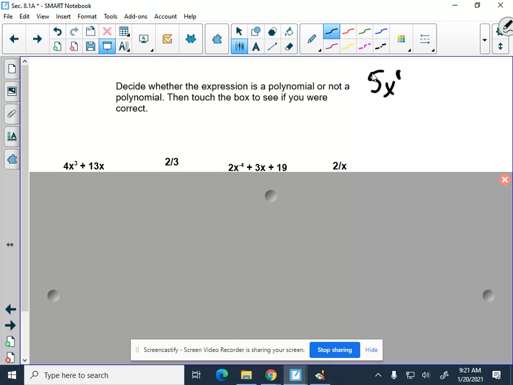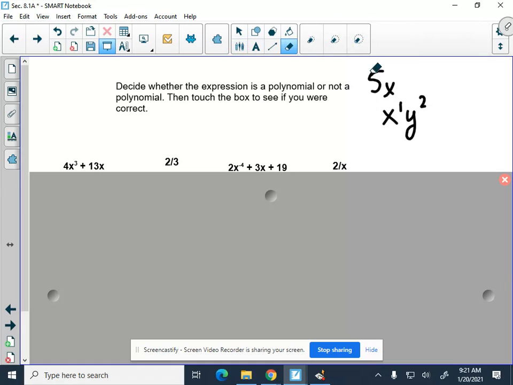So even though I don't see a number there, I do know that the exponent on the x, and only on the x, has to be a whole number. So if I have x, y squared, all the exponents are whole numbers because the x has a 1 on it, the y has a 2 on it. That would be degree 3 because when they're being multiplied like that, you add them up.